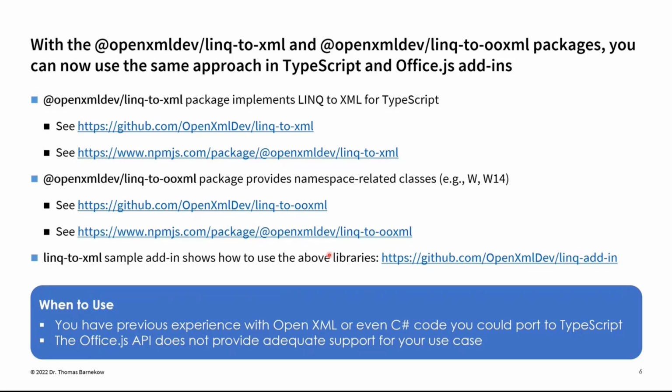And ideally also if you have experience wherever the Office.js API does not provide adequate support for the use case that you're looking at. I'm going to demonstrate a use case for which at least I did not see readily how this would be done in the Office.js API, which does not say that there is no way. And I'd be interested to see if anybody knows whether there is a way to do this. So let's look at a demo right now.